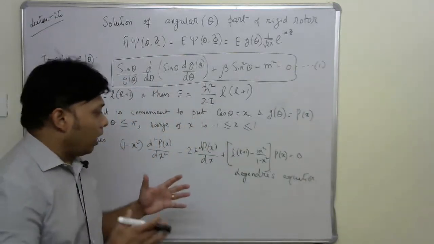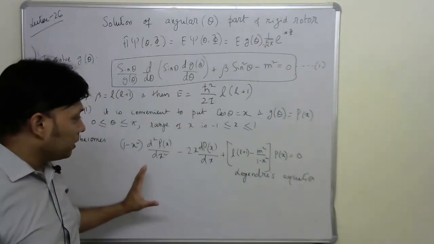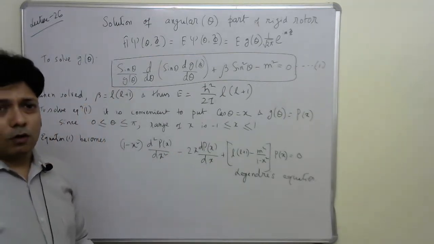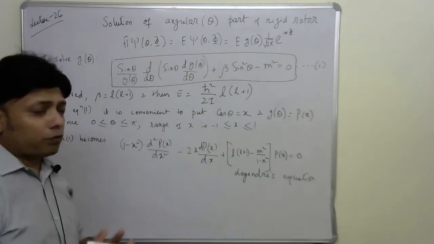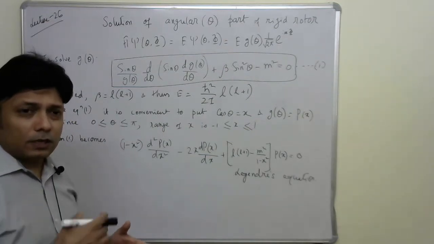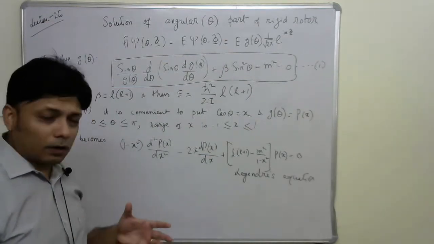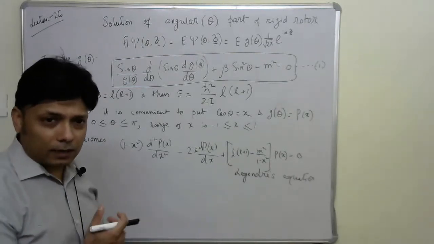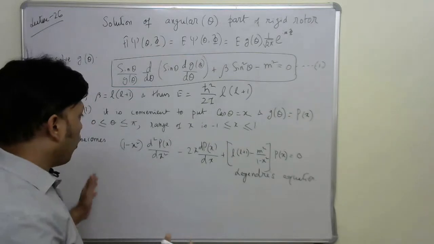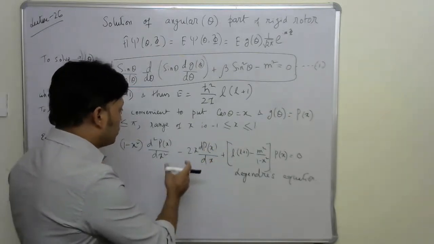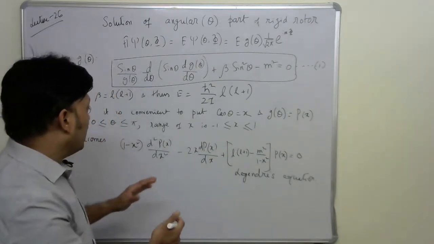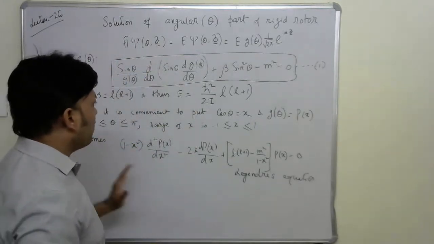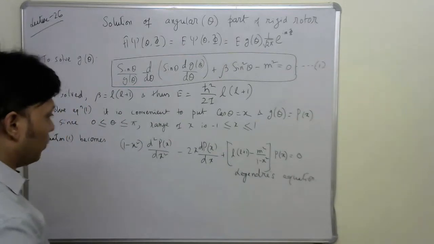During the early stages of the development of quantum mechanics, such Legendre's equations used to find their place in various application fields of classical physics. People were already familiar with solving such equations, and it helped Schrodinger find a pathway to solve such a complicated equation.